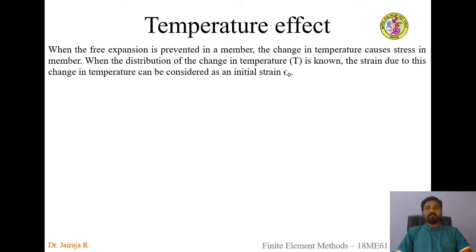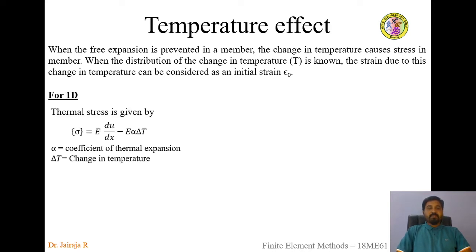Temperature effect. When the free expansion is prevented in a member, the change in temperature causes stress in the member. When the distribution of the change in temperature T is known, the strain due to this change in temperature can be considered as an initial strain epsilon naught.